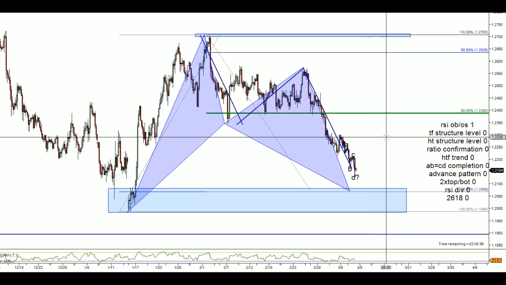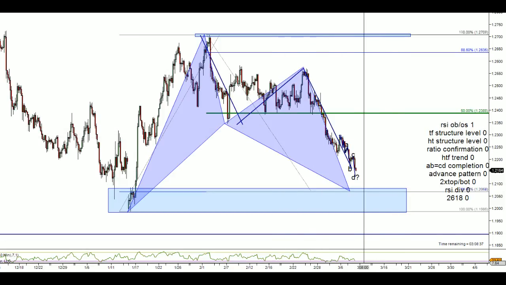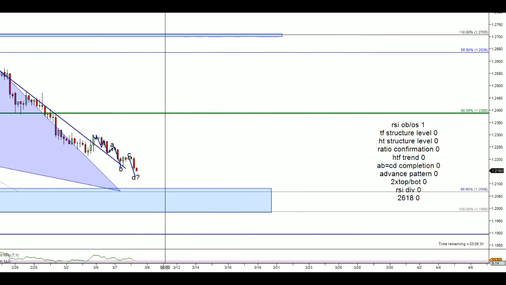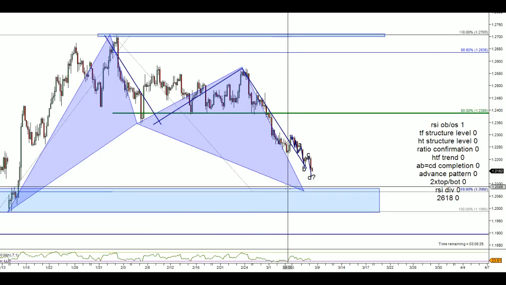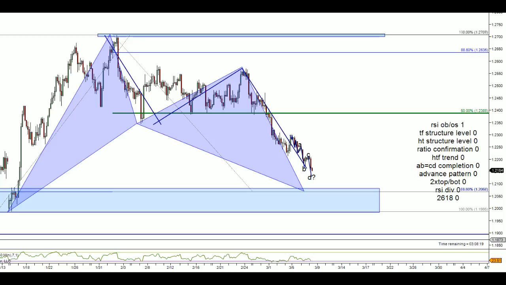But this is kind of what I'm waiting for here on the pound dollar. So if I do get involved in a trade to the short side on the hourly time frame, and this does complete, I will cancel it and do a stop and reverse. So that's the pound dollar.